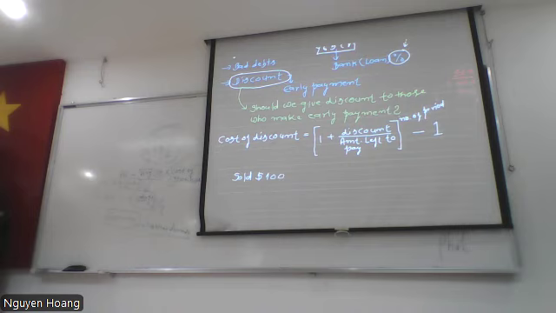When you sold the product for $100 on credit, of course, sold on credit for 3 months. 3 months means the customer will pay you money after 3 months, after a quarter, right?